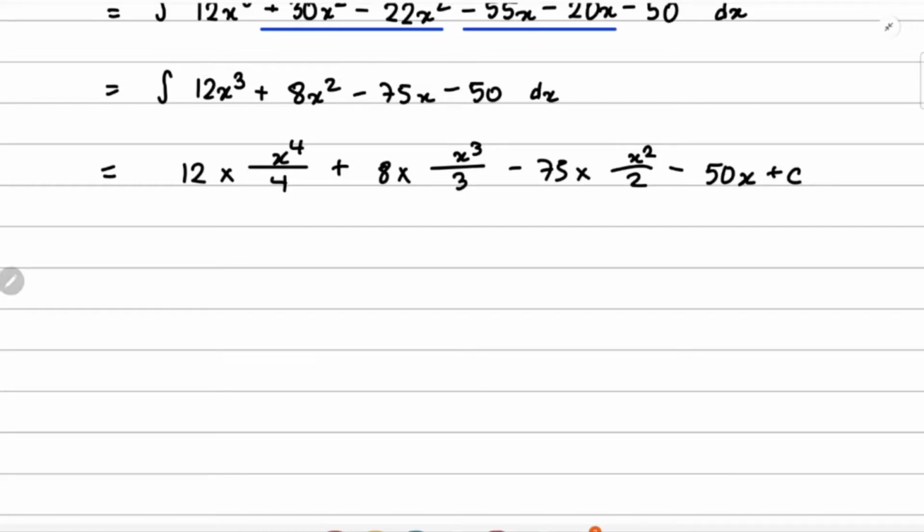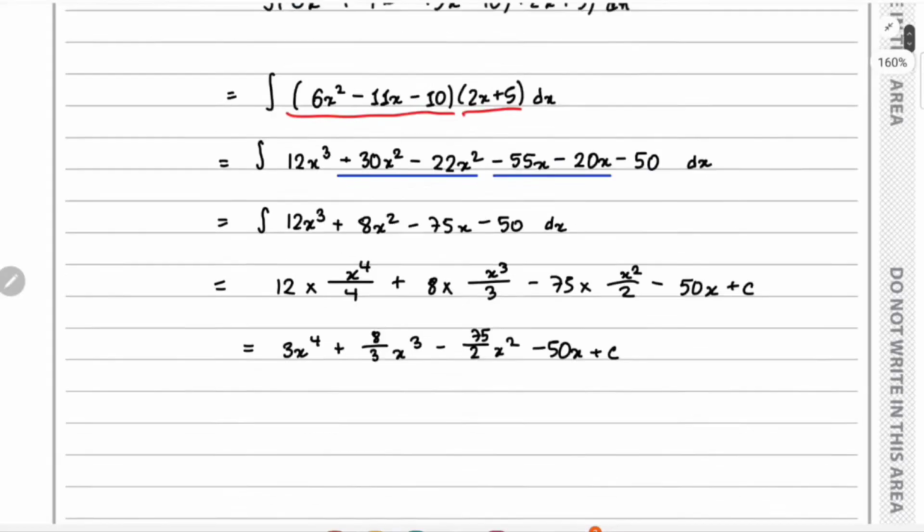So if we calculate it, we'll get 3x to the power 4 plus 8 by 3 x cubed minus 75 by 2 x squared minus 50x plus c. That's the answer for question 1.